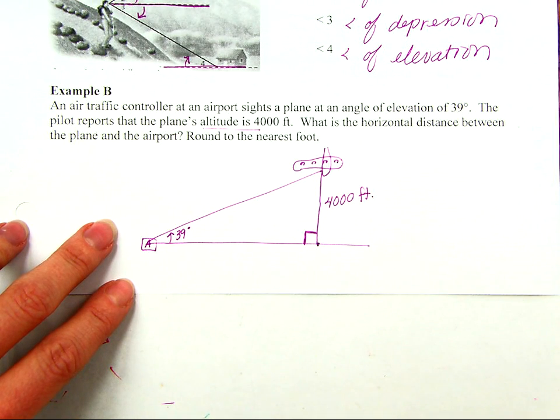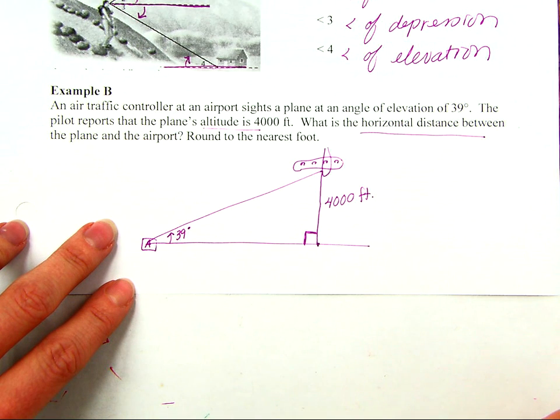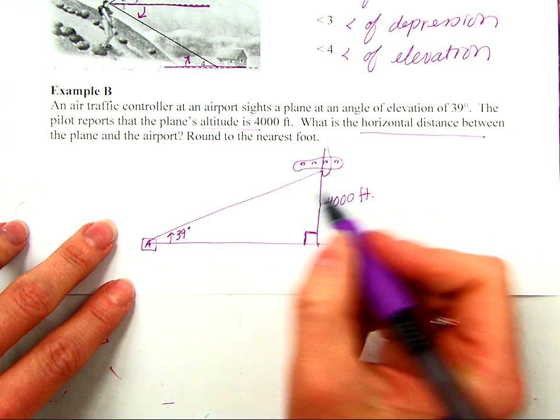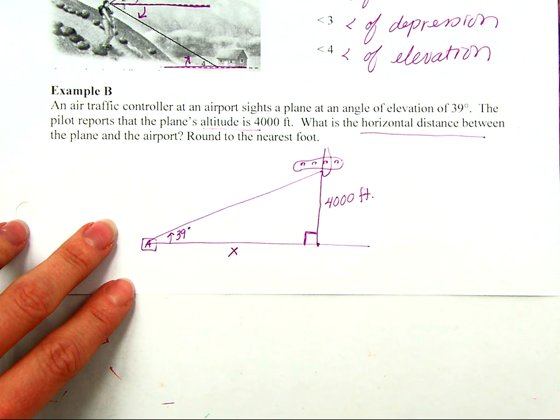Now what are we looking for? We're looking for the horizontal distance between the plane and the airport. Well, the horizontal distance would be right down here. That would be x. We are going to solve for x.